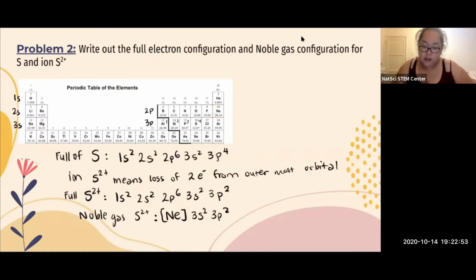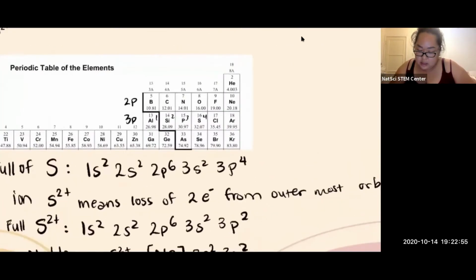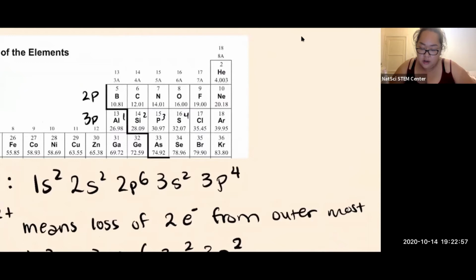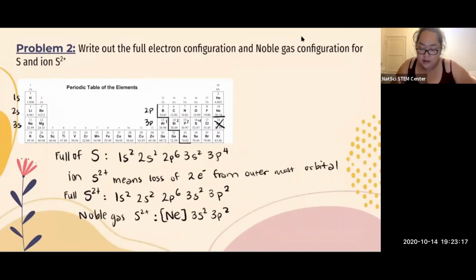Think of it this way: you can't use argon, because argon is completely filled, a 3p6, but your sulfur ion is a 3p2. So you use neon. It's just shorthand, a shortcut so you don't have to write all of this.